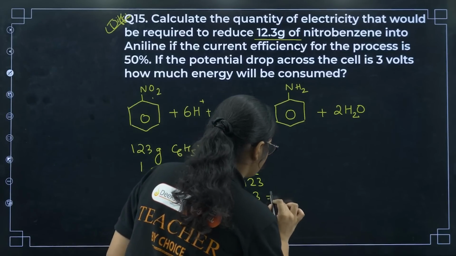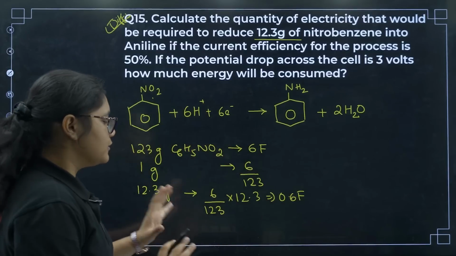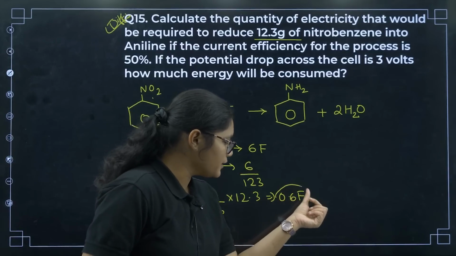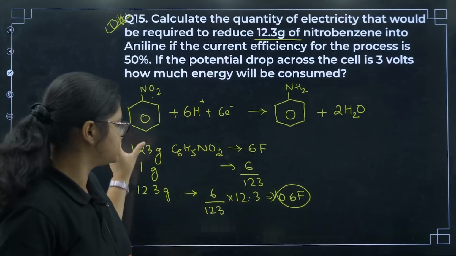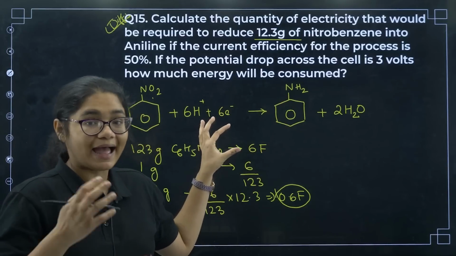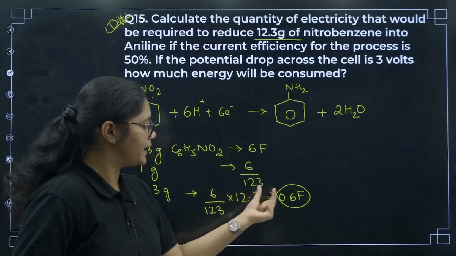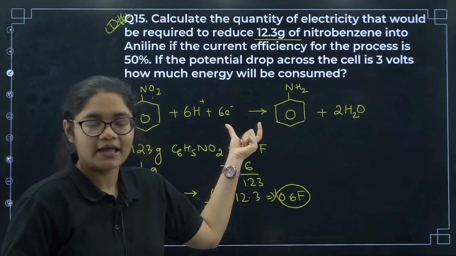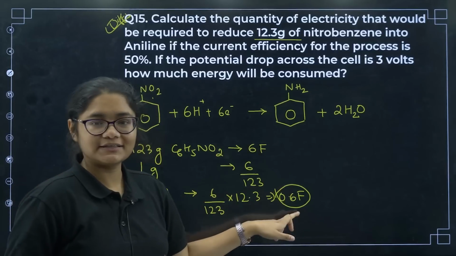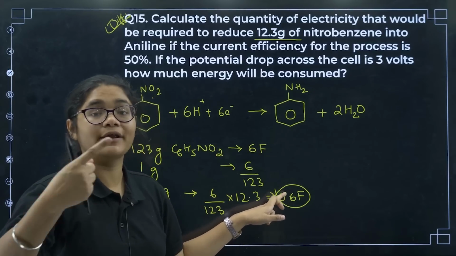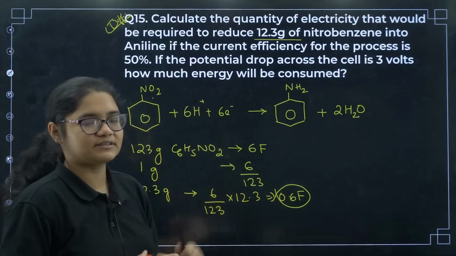That is equal to 0.6 Faraday. This is clear. Now see, if I am providing 0.6 Faraday to this solution, with 50% efficiency, it will get 0.3 Faraday. So to get 0.6 Faraday, I have to give 1.2 Faraday, right? How much ever I give, half of it will be used in the reaction.